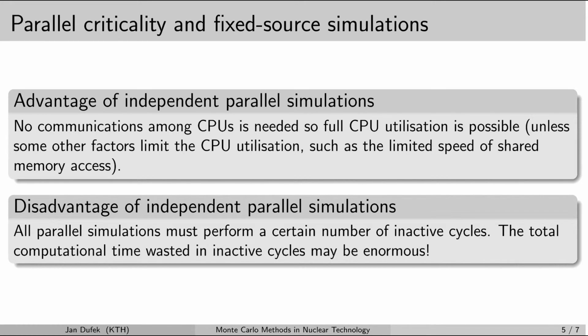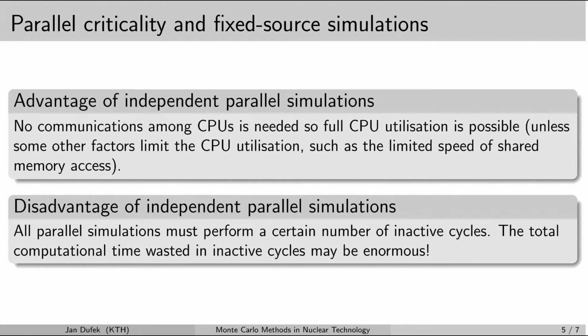So during the inactive cycles, basically the performance of this parallel simulation is identical to the performance of a single CPU calculation. The results would be pretty much the same. So if you are running the simulation on a very large number of processors, or if you are using a supercomputer, you are really wasting its computing time for these inactive cycles.